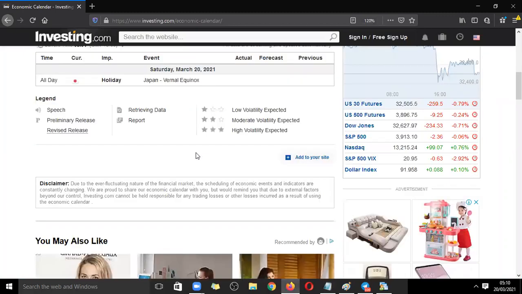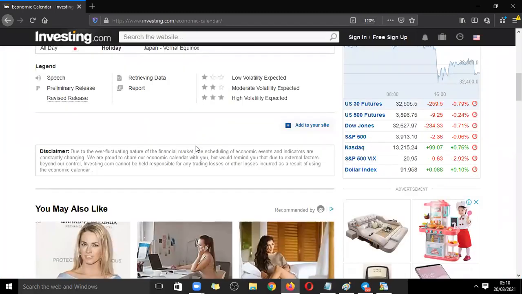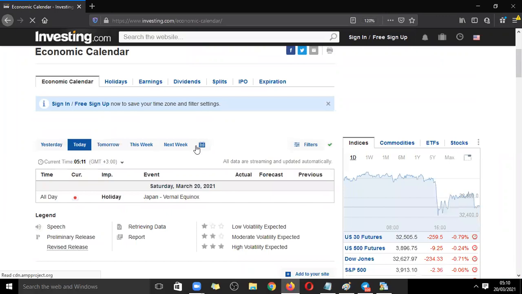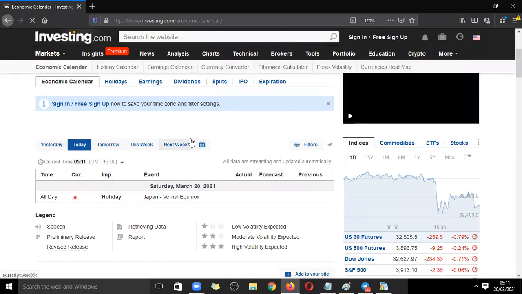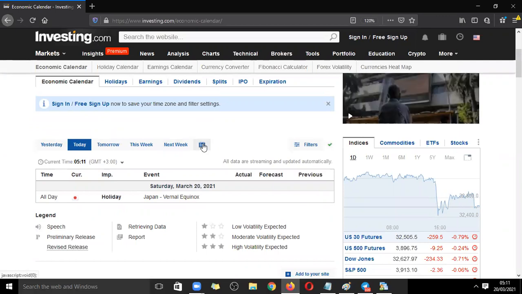On the 20th of January, we had the interest rate decision for the Canadian dollar.